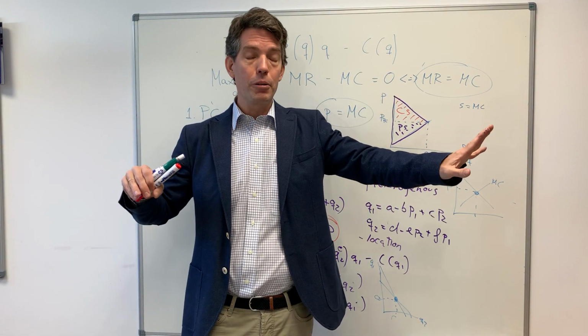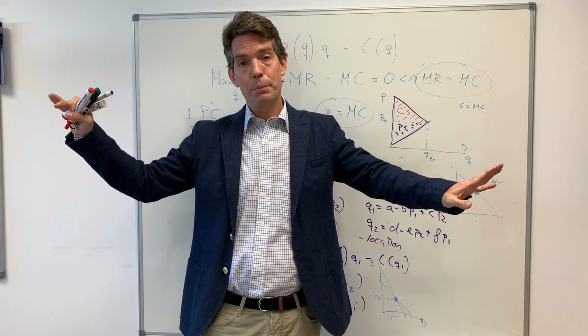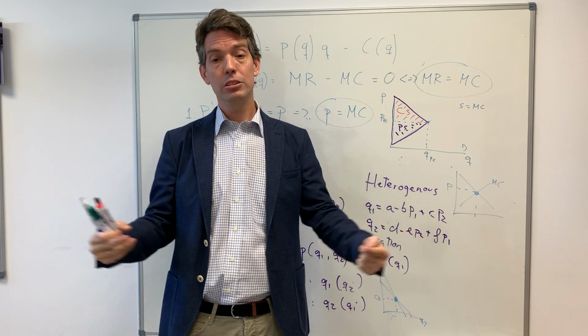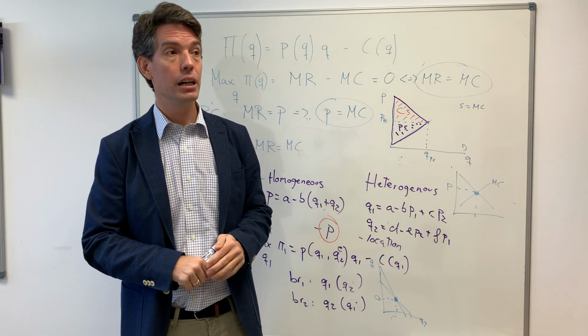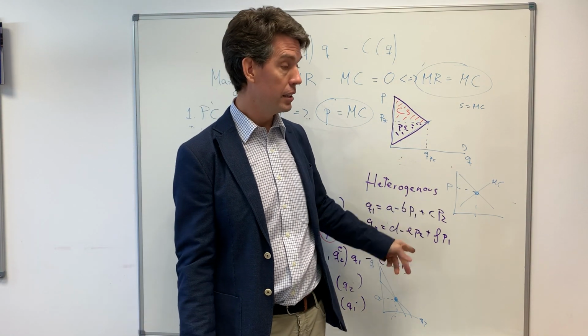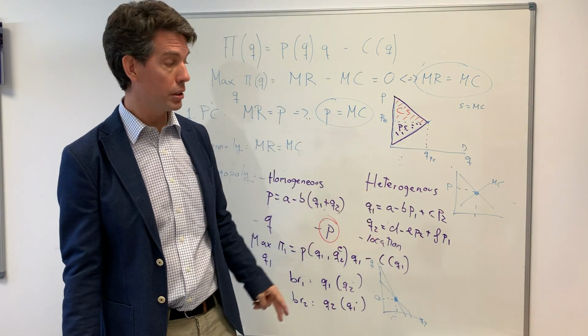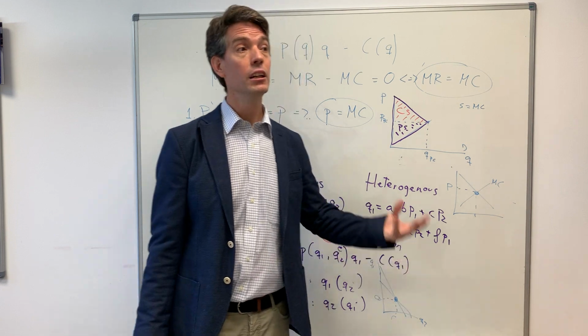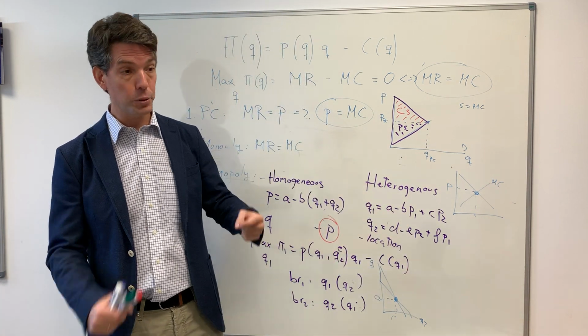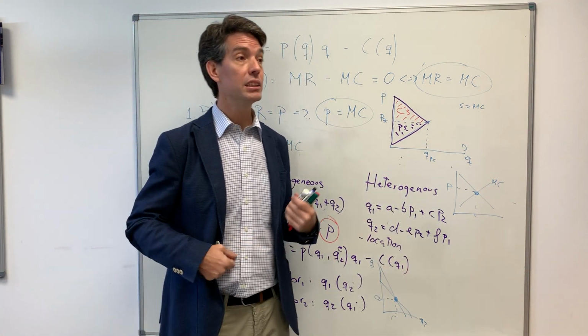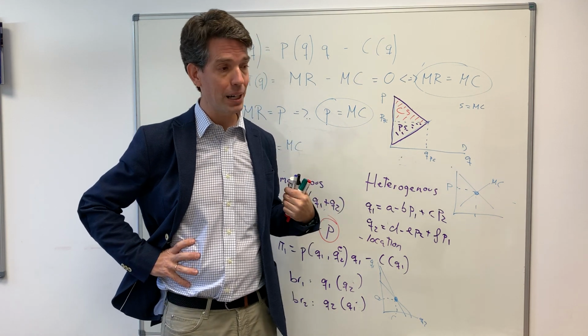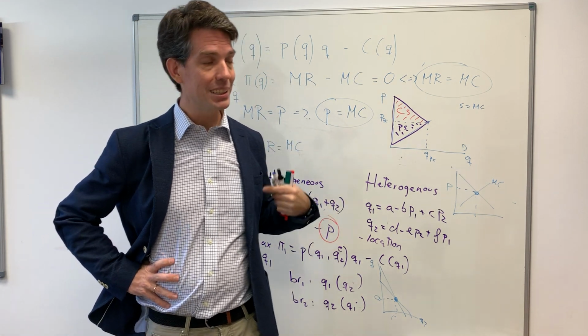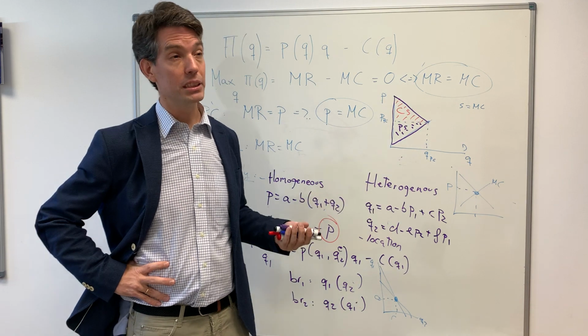You maximize the profits of company 1, you maximize the profits of company 2, you find the best response function, and then you find what the prices are, which are going to be different because you have two different demands and two different quantities. You can do that with heterogeneous product in competition in quantities, but you can also do it in competition with prices.